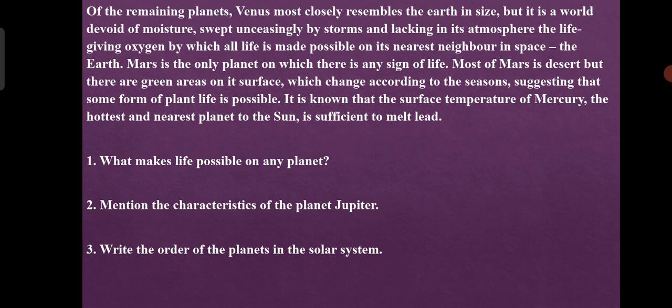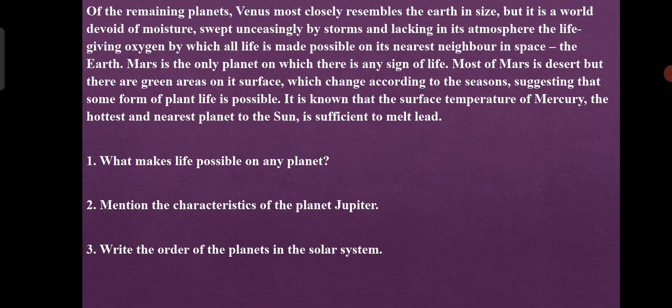Most of Mars is desert, but there are green areas on its surface, which change according to the seasons, suggesting that some form of plant life is possible. It is known that the surface temperature of Mercury, the hottest and nearest planet to the Sun, is sufficient to melt lead. So, this passage was all about the solar system.